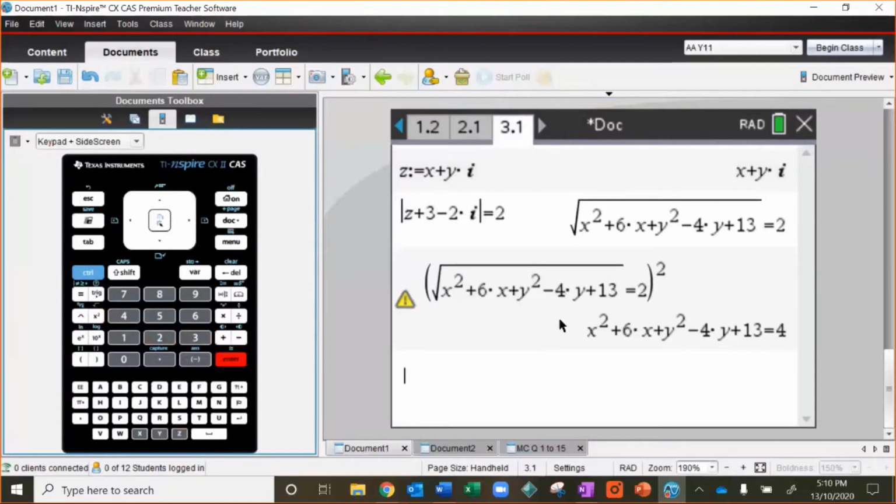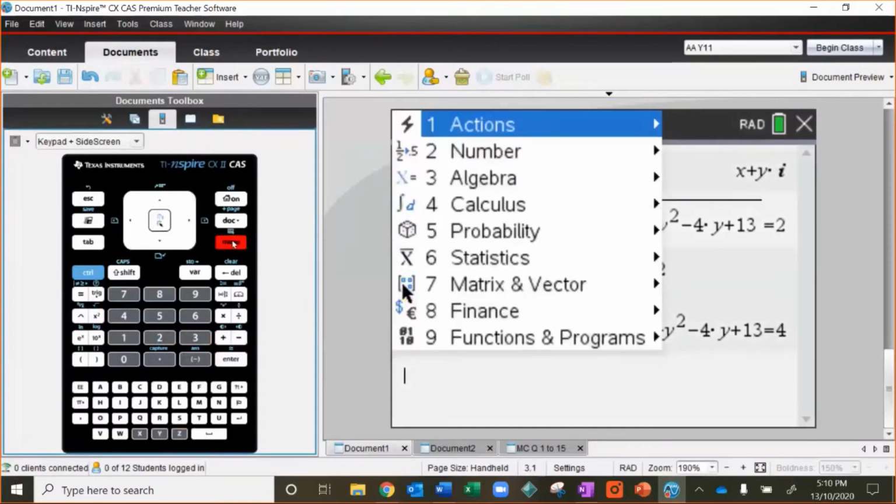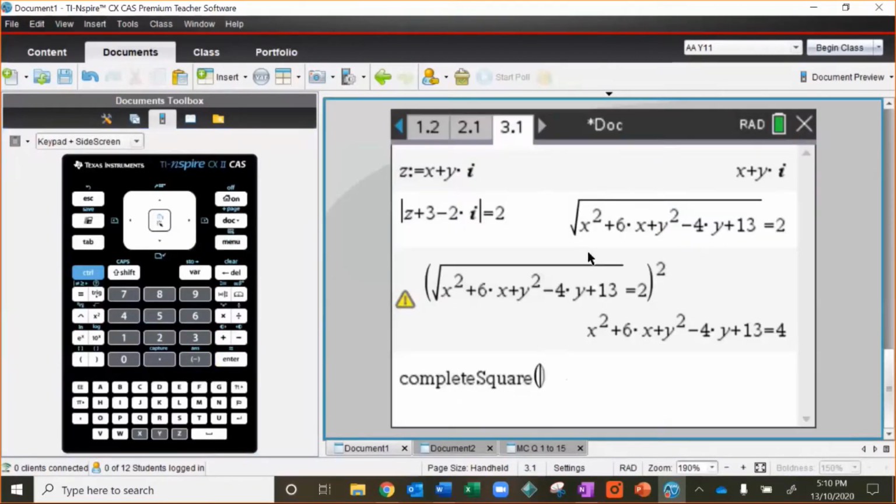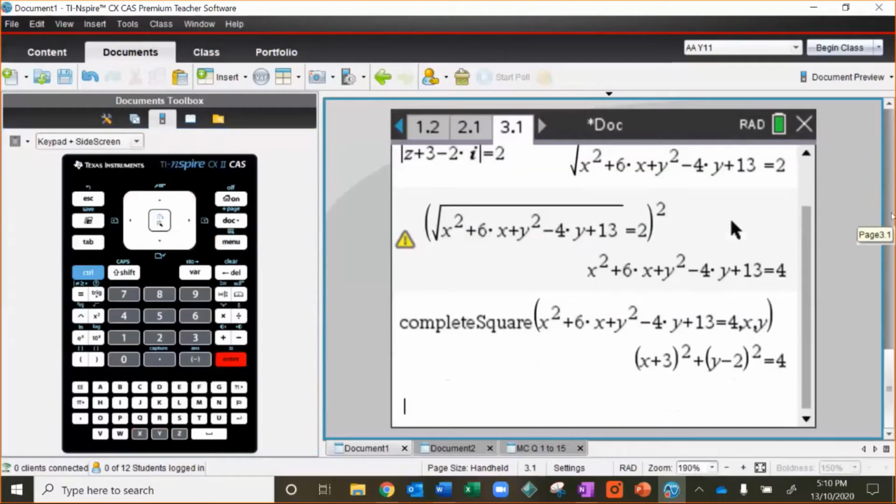And now it is a circle, but we want the Cartesian form to see the center. So what we do, we go menu algebra and complete the square for this expression. And we complete the square both for x and for y. So this is our circle now. (x plus 3) squared plus (y minus 2) squared is equal to 4.